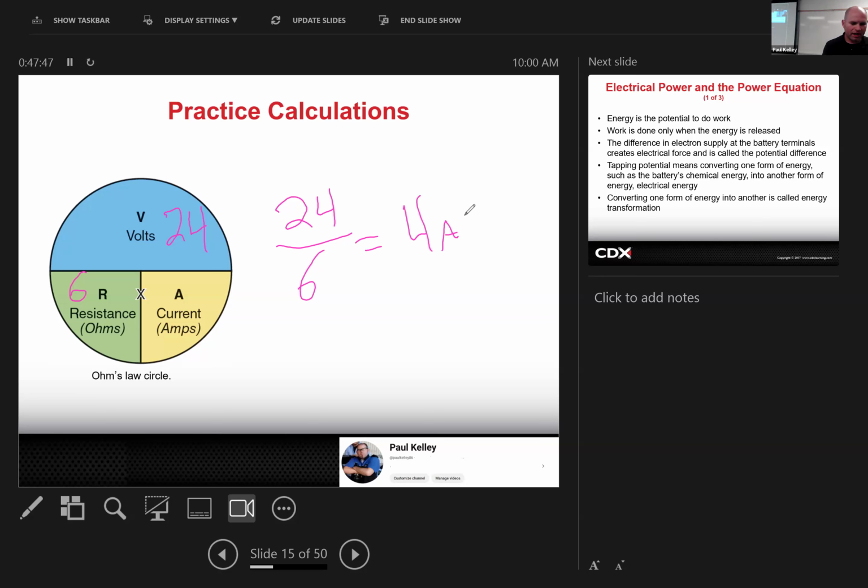So we've got 4 amps, and that's simply because we have basically double, right? If we had 12 volts and 6 ohms, we would have had 2 amps. But if we have 24 volts, that's double the push. I would expect to have it move double the amps, and therefore we do, right? So the math actually should kind of make logical sense, and it does.